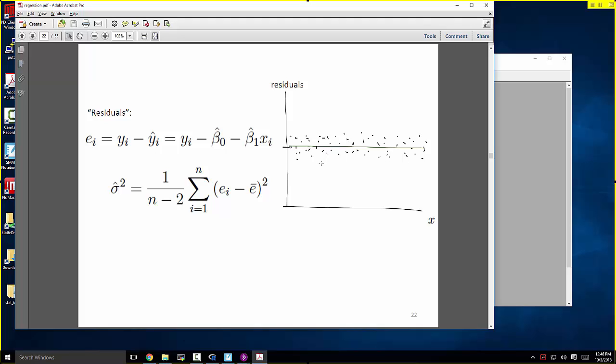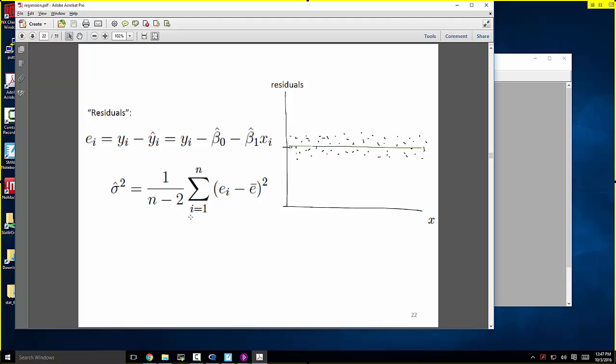Because sigma squared is viewed as constant across x, without respect to x, we can essentially take all those residuals, and since every one of them is equally representative of sigma, regardless of where you are with x, we can treat them like a sample variance calculation.